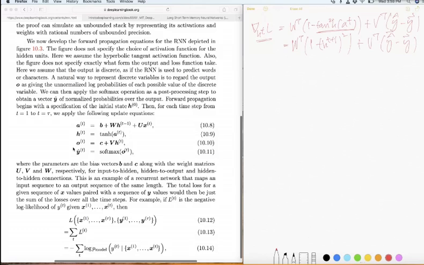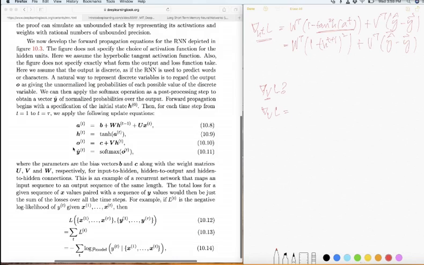We wanted to learn the parameters, so I'm basically interested in gradients like the gradient of the loss function with respect to a parameter V. I'm just going to make use of all these gradients that we have computed.